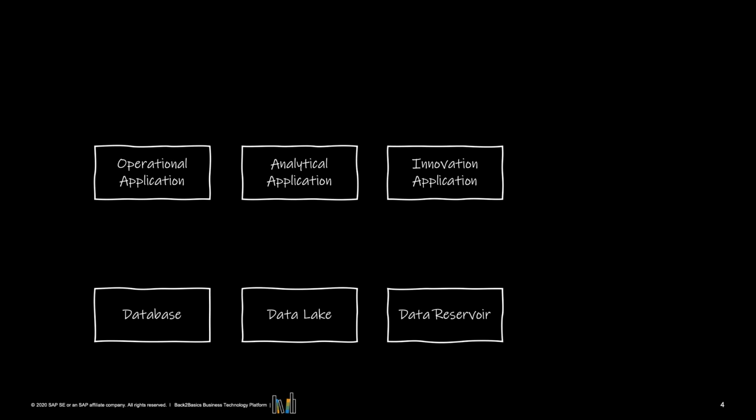A data reservoir, as we explained in a previous episode of this series, contains data from both inside the organization and outside the organization. Typically, weather, traffic, web services type of data coming into the system. The innovation applications are separate as well because, as said, they should not interfere with the day-to-day business.